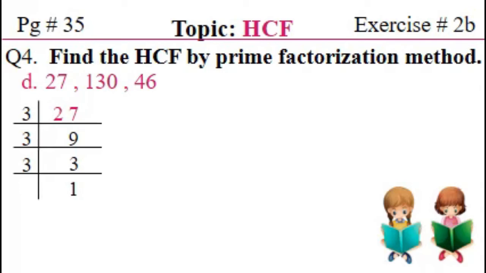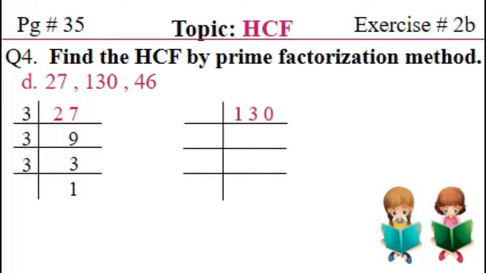Now we will find the prime factors of 130. The 0 at one's place shows that the complete number is even. Therefore, we can simply divide it by 2. So 2 times, now the first digit is 1. Therefore, we will consider the first 2 digits together, because the first digit alone is smaller than 2.